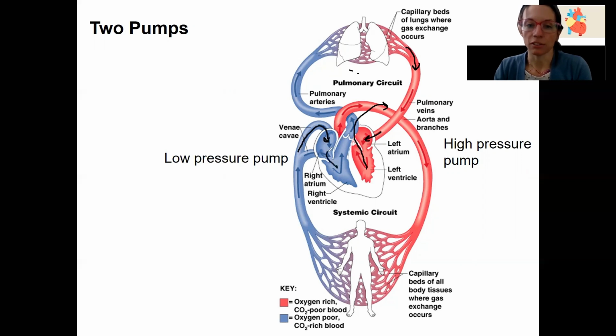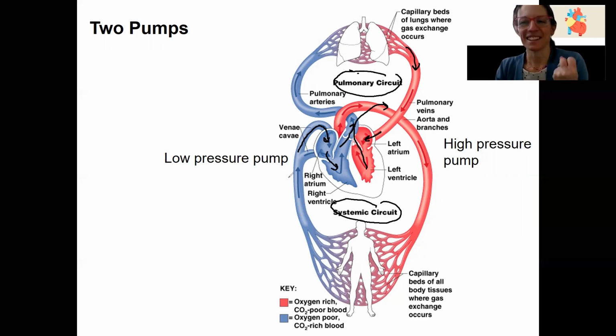Right atria to right ventricle, out the valve that's there that we'll talk about. Now we're in the pulmonary artery. We go pick up oxygen again. And so pulmonary circuit or circulation, systemic circuit, that make up two separate but connected circuits, both pressurized by separate pumps.